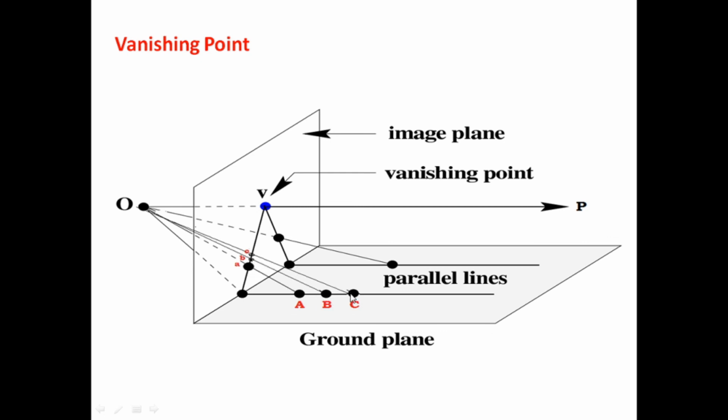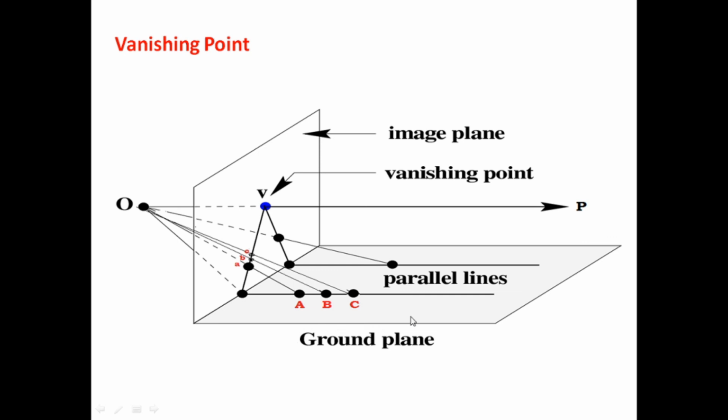C is moving like this, B is also moving like this, A is also moving like this. That means the small c, small b, small a, which are the projections of the original capital A, B, C, will move towards this V, the vanishing point. Finally, the projection of a point at infinity on the image plane is nothing but a vanishing point. As these 3 points move, they move towards this V point. Okay, this is the concept of the vanishing point.